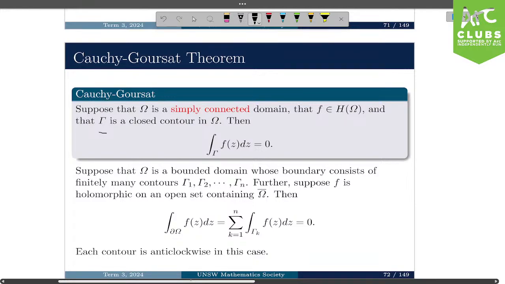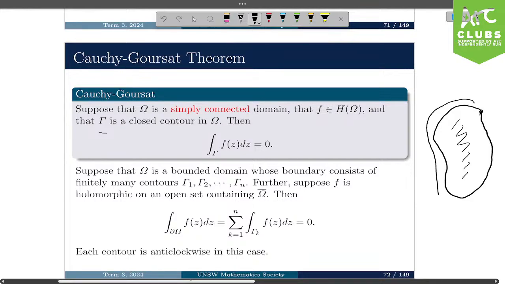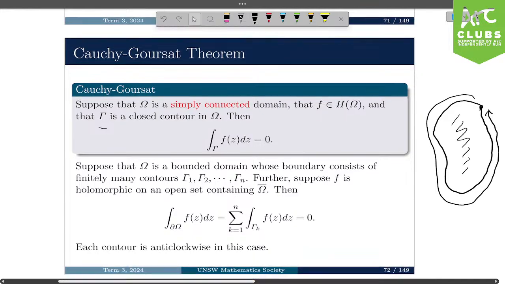So that might seem a bit confusing, but essentially what this is saying is if you have a closed contour, a loop, and our function f is holomorphic everywhere along and inside the loop, then the integral along that contour is always going to equal 0. Which is pretty cool, because it has some interesting consequences.